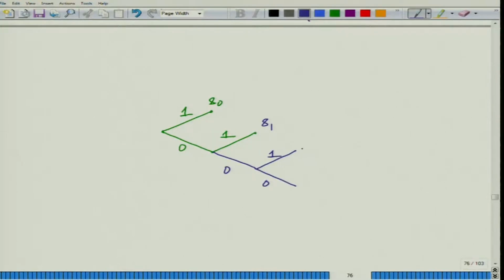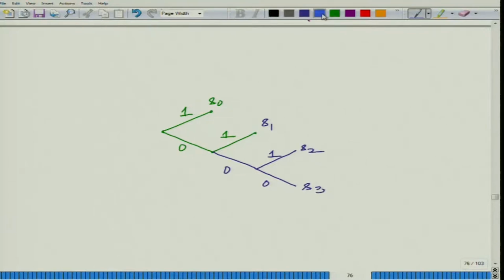Now, if you look again at the same code, let me draw the binary tree again. This is 1 as S0, this is 0, this is 1, this is S1, this is 0, 1, 0, S2, S3.